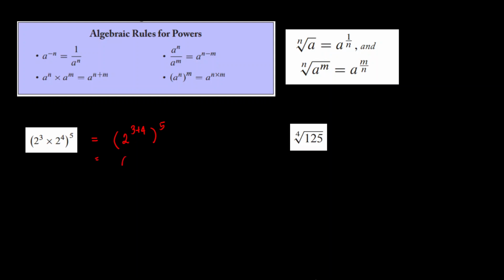Then, ito pwedeng maging 2 raised to 7, raised to 5, and simplify natin ito, magiging 2 raised to 35, and 2 raised to 35 is equivalent to 34,359,738,368. So, this is our final answer.